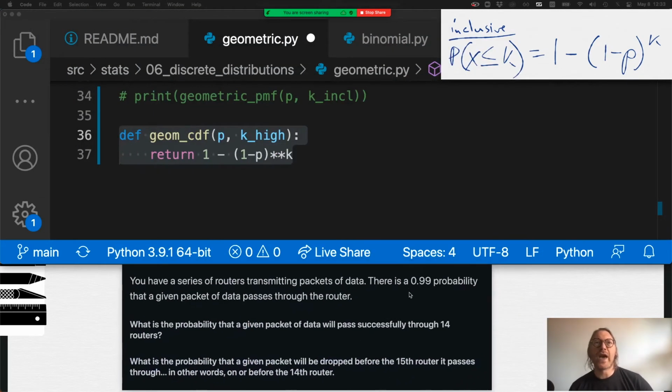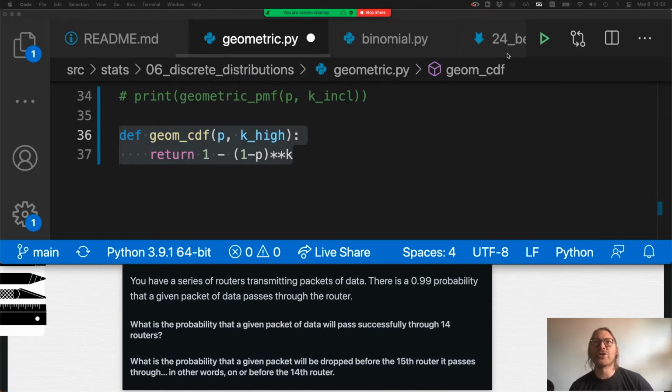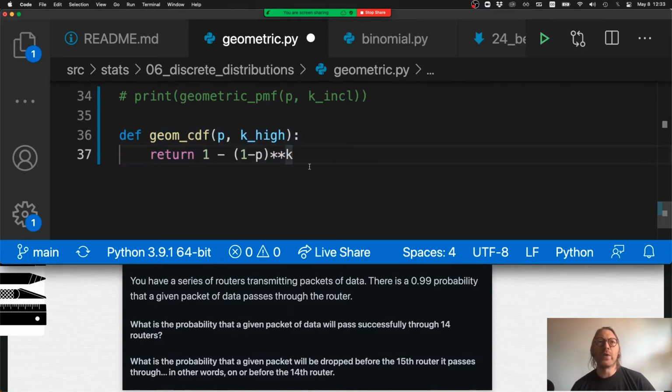Here is an adaptation of that prior question where we have a series of routers transmitting packets of data. There's a 0.99 probability that a given packet of data passes through the router. What is the probability that a given packet of data will pass successfully through 14 routers, right? So we're going to have success through 14.